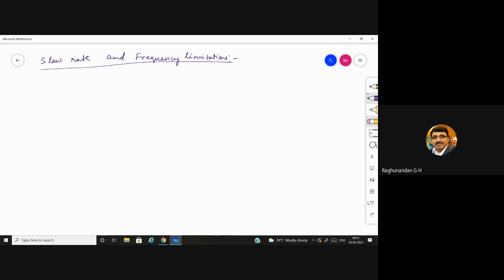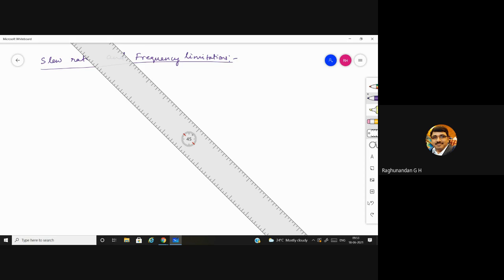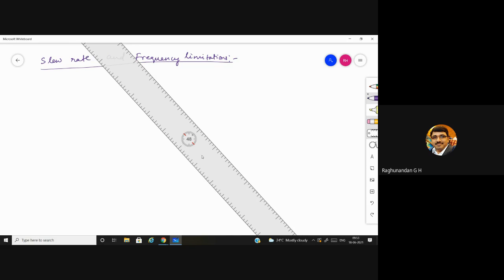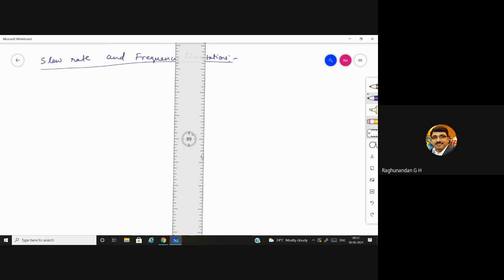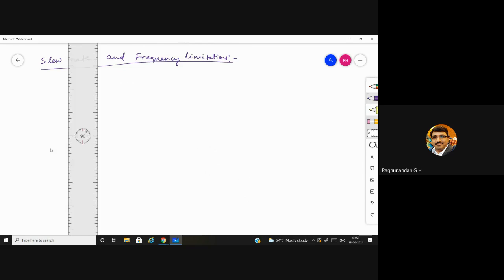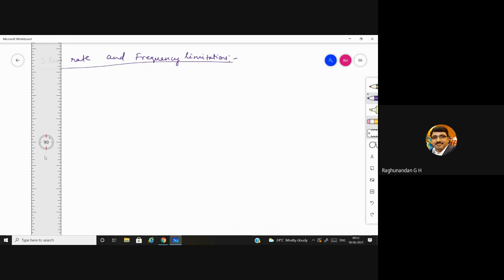In order to discuss the causes of the slew rate, let us first know what an op amp contains. In our last class we discussed that the op amp is basically made up of transistors, and in order to filter out the DC signals and so on, we use some capacitors.